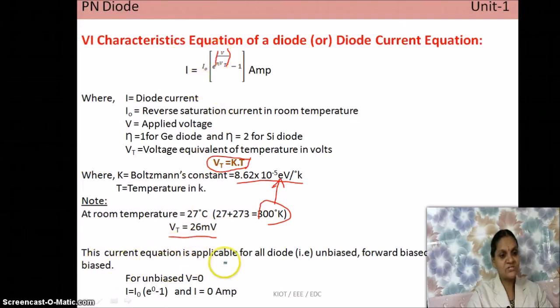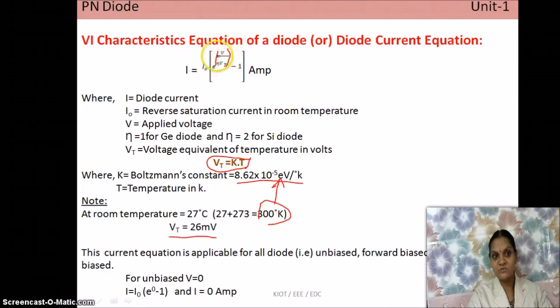This equation holds good for an unbiased diode, forward biased diode, and reverse biased diode. For unbiased, voltage is not given, so V equals 0. So e to the power 0 is 1, and 1 minus 1 is 0, so the current is 0. For forward or reverse bias, according to the value of the voltage we are giving, the current varies. If you give forward voltage, the current is positive.